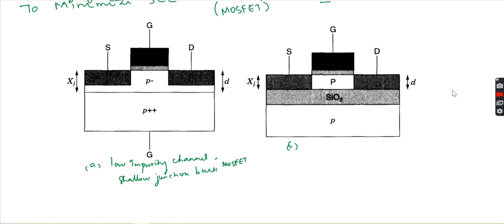Then this figure shows the single gate SOI MOSFET. SOI means silicon on insulator.